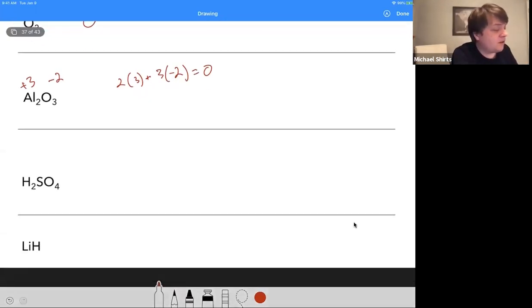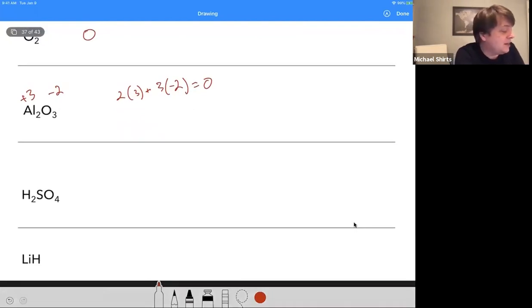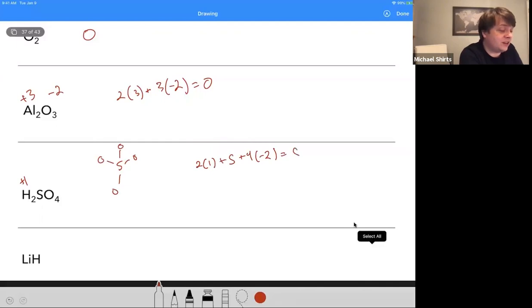Okay, H2SO4. Now this gets a little more interesting. Sulfur, which would usually be -2, can't be -2 here, or the numbers wouldn't add up to 0. Hydrogen is going to be +1, and oxygen is going to be -2. SO4 has a shape where the oxygens aren't bound to each other; they're bound to the sulfur. So the total charge is 2 times 1 for the hydrogen, plus whatever S is, plus 4 times -2, and this has to equal 0.